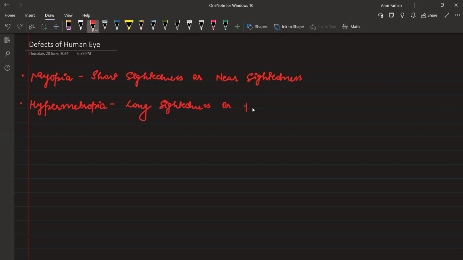Next is presbyopia. We will study the details one by one.